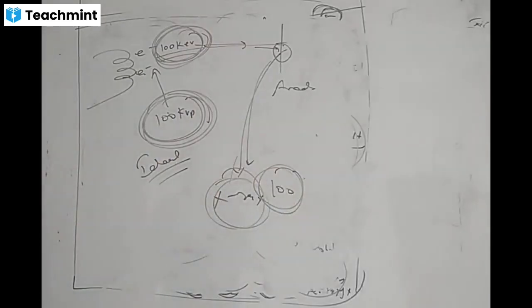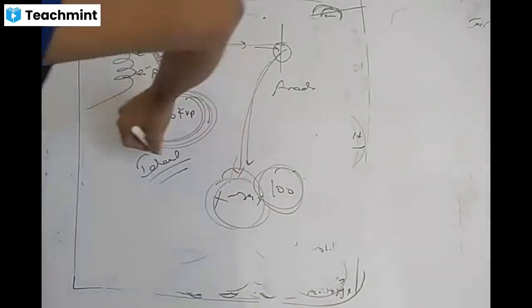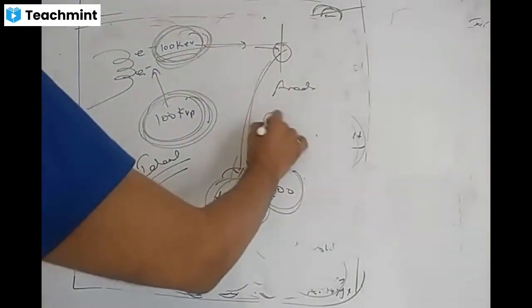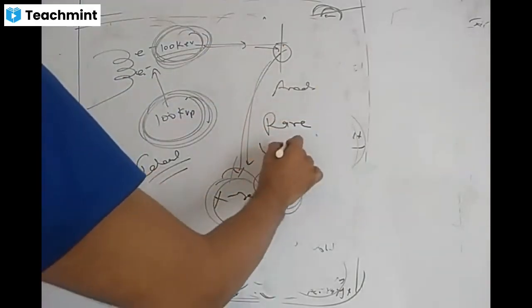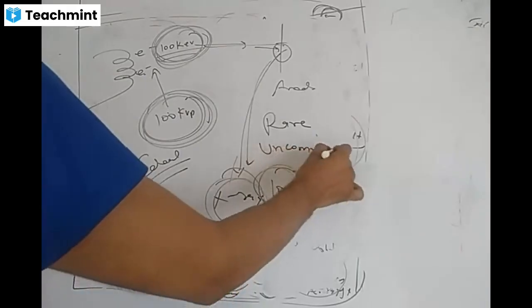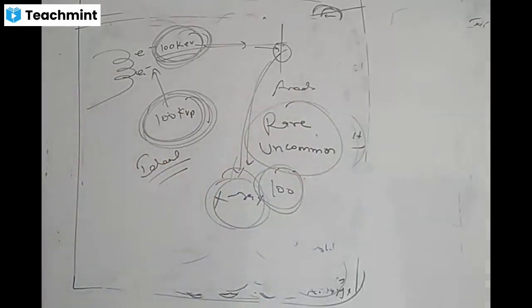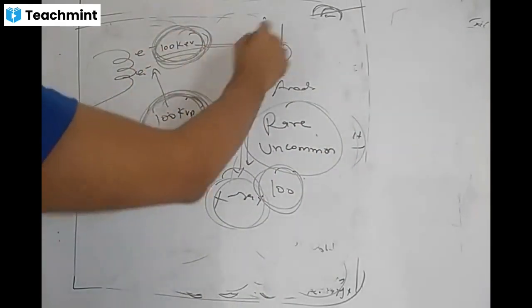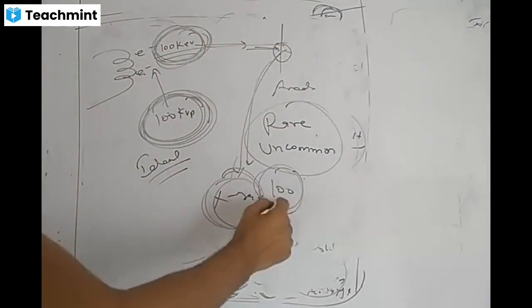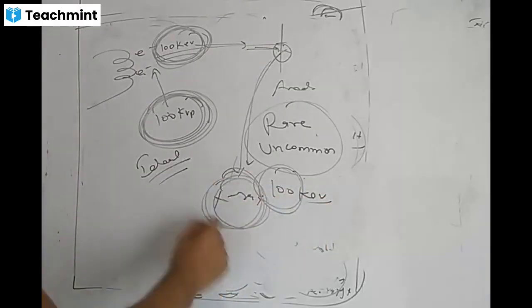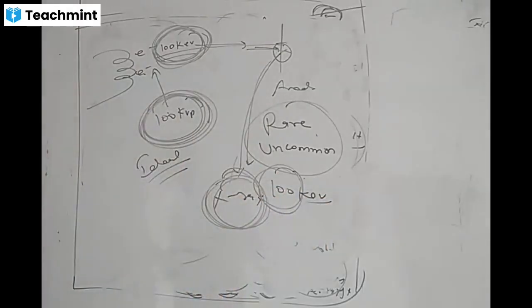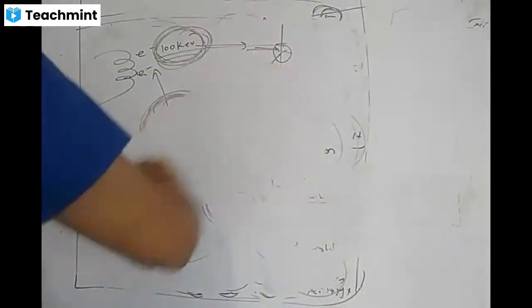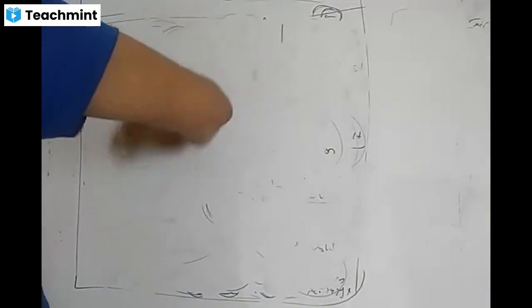In diagnostic radiology, this 100 to 100 condition is rare, uncommon. That is very important. If you give 100 kVp, the electron gains 100, strikes, and produces 100 kilo electron volt energy X-ray. This is rare, but it is there because there are some electrons that gain 100%.